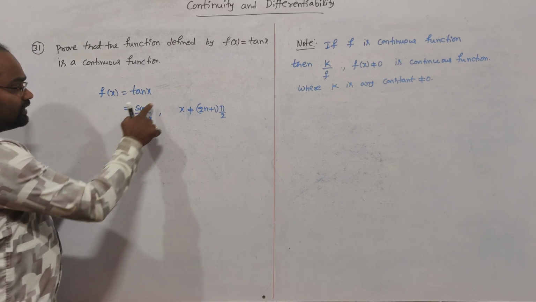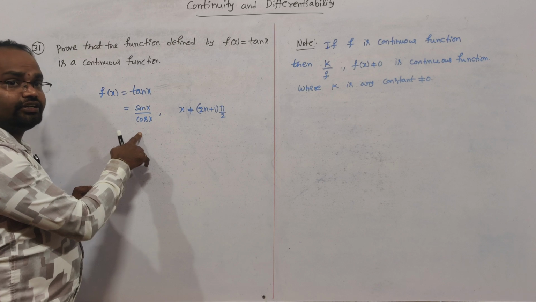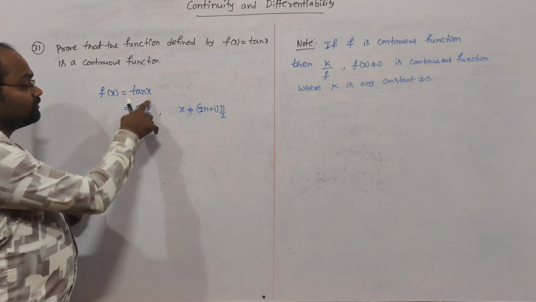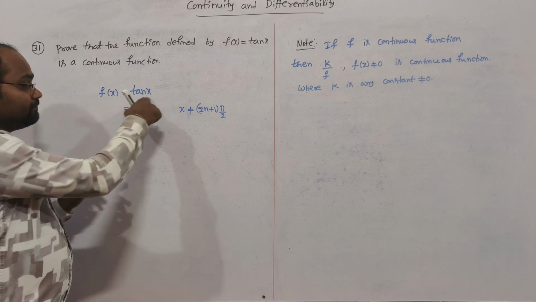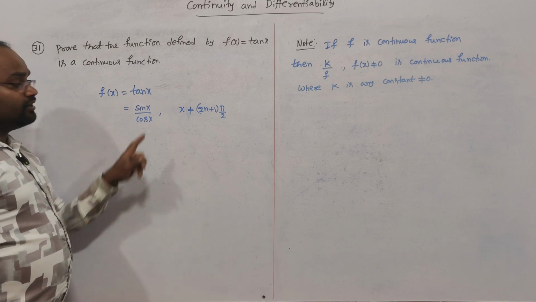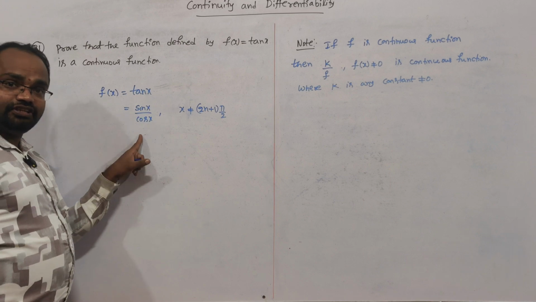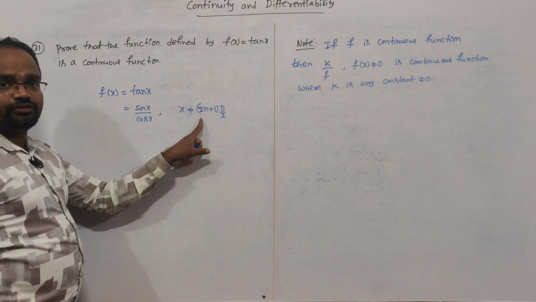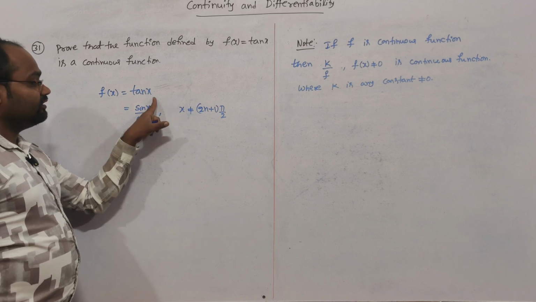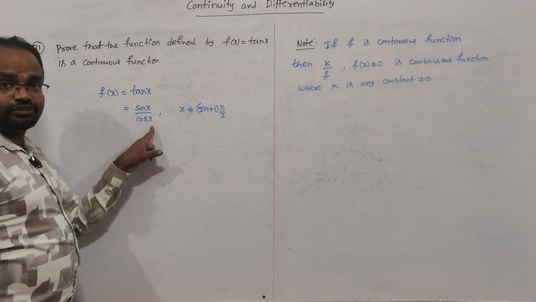Now we know that sin and cos are continuous everywhere. If it is in the form of f by g, where f is a continuous function and g is also a continuous function, provided the denominator is not equal to 0, then f by g is also a continuous function.